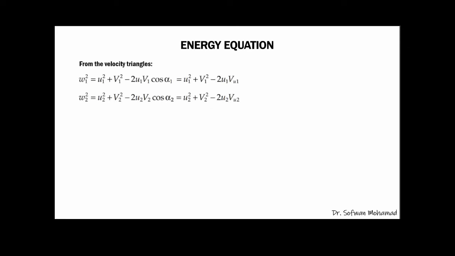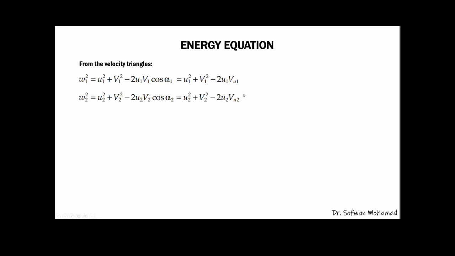And from the velocity triangles, using trigonometry, we can get these two expressions for W1 and W2, which is equal to the final equation, U1 squared plus V1 squared minus 2 U1 VU1.